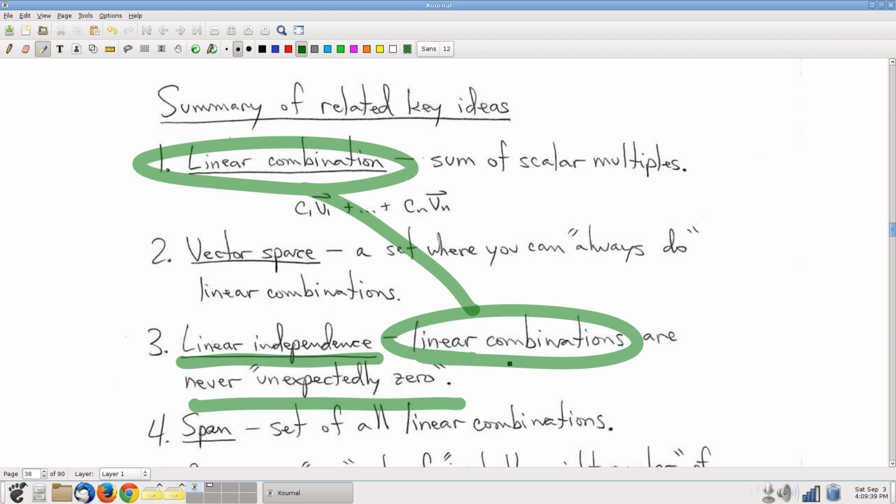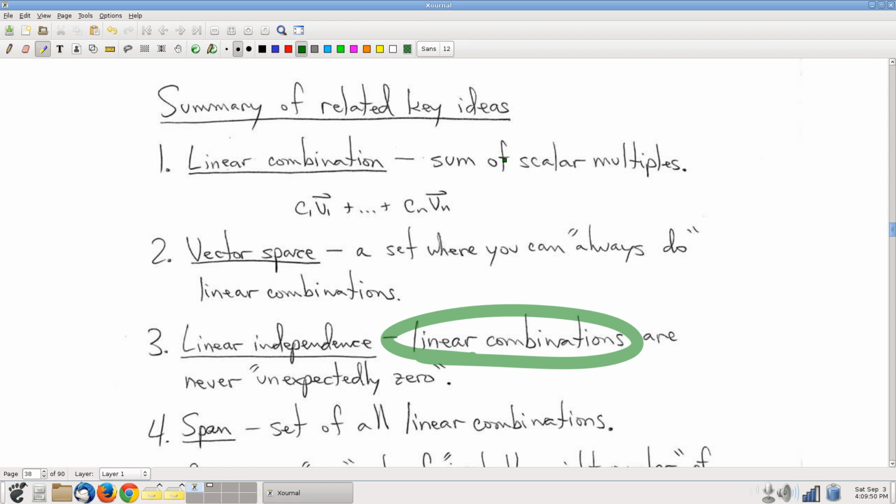That's what you might call expectedly zero. So linear independence could be viewed as saying that it's never unexpectedly zero. More to the point, linear independence is a statement about linear combinations. So again, it comes back to linear combinations.